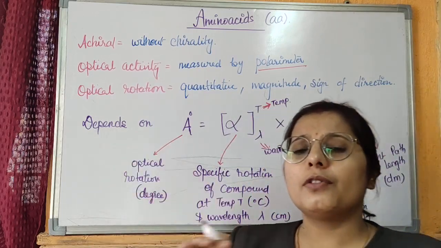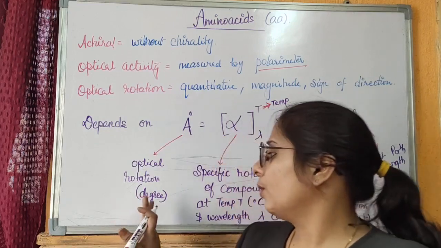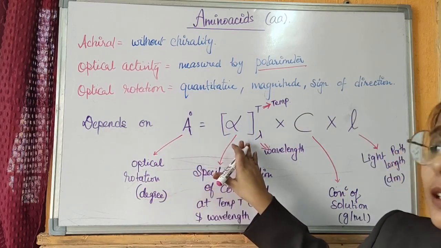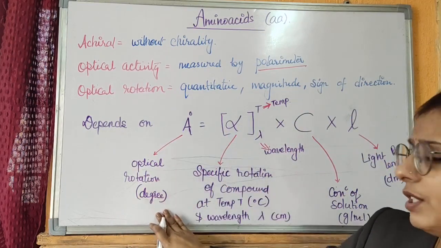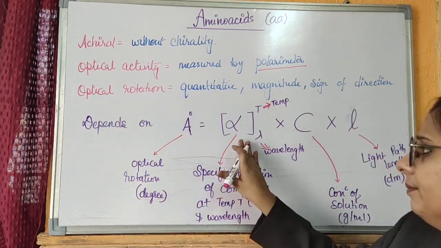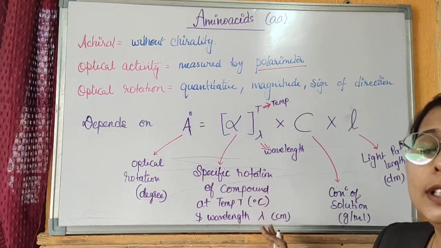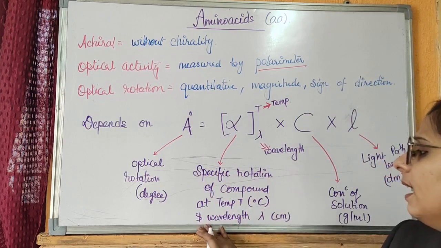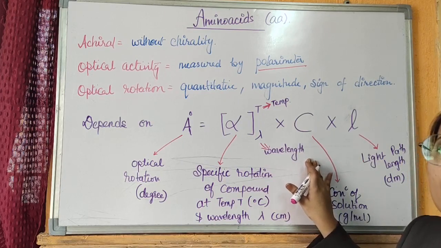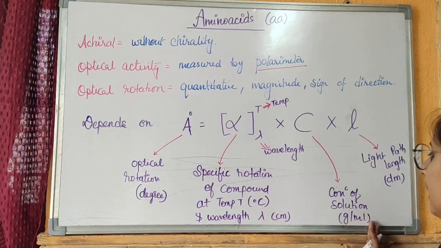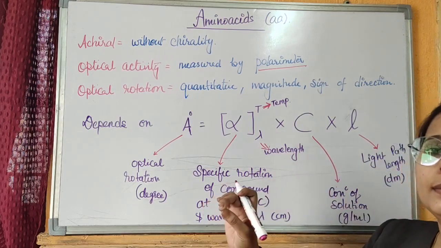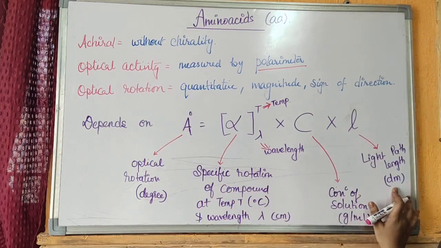So the formula for calculation of optical rotation of a compound or a molecule is this, where the optical rotation is calculated in degrees, and it is calculated by the specific rotation of the compound at a specific temperature in degrees Celsius, and wavelength in centimeter, multiplied by the concentration of the solution in which it is kept in gram per milliliter, multiplied by the length of the path covered by the plane polarized light in decimeter.